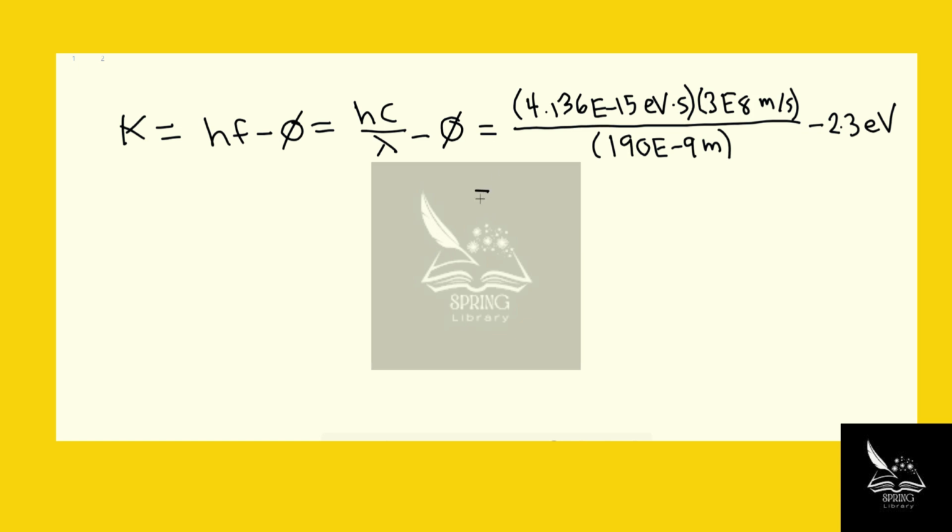Doing this computation, this big quantity here, which is the energy of the incoming light, comes out to be about 6.53 electron volts. Of course, subtracting the work function, we are left with a result of 4.23 electron volts.